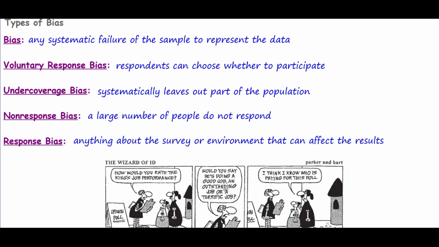And the options are good job, outstanding job, or terrific job. So the survey itself is biased because it does not allow for you to say that the king is not doing a good job. And also having that person who works for the king ask you that question is a bit of response bias as well because that can affect the results.